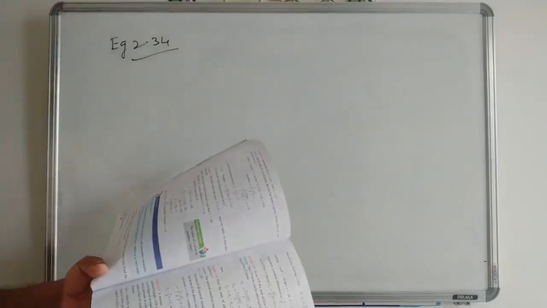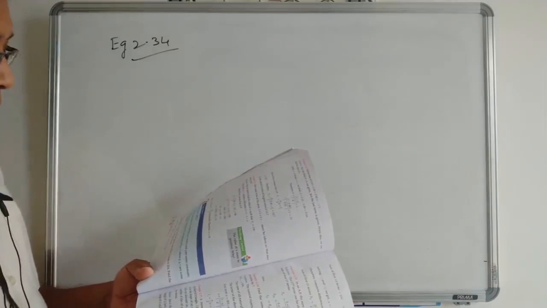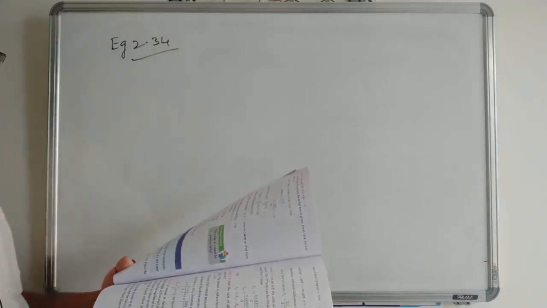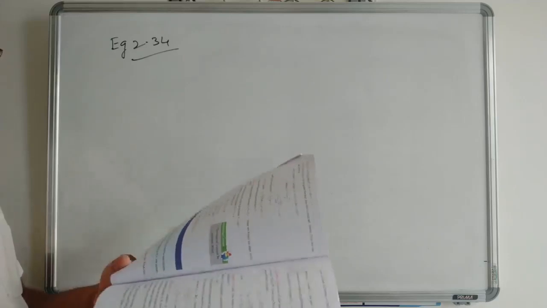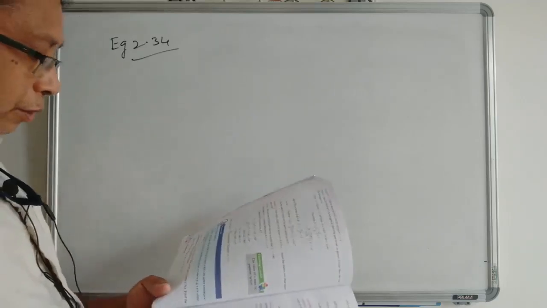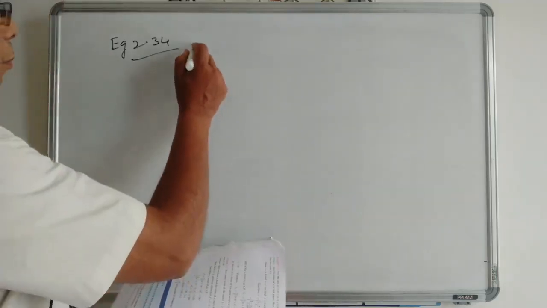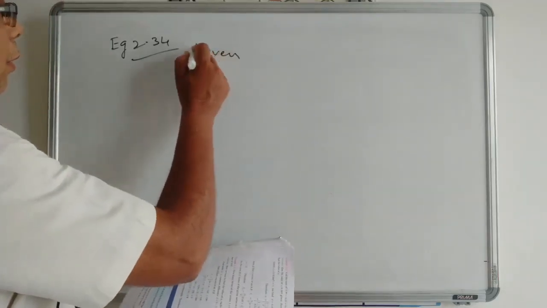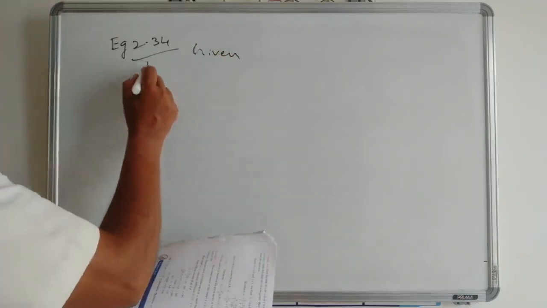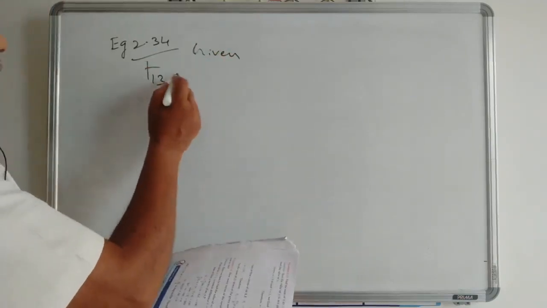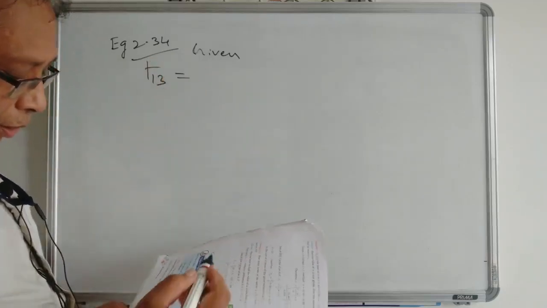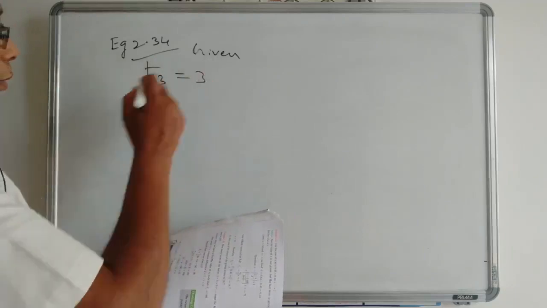The 13th term of an AP is 3, and the sum of the first 13 terms is 234. Find the common difference and the sum of the first 21 terms. The given: term 13 equals 3.